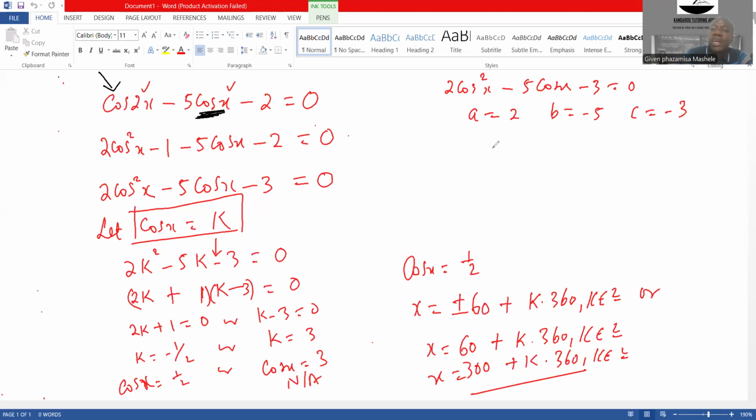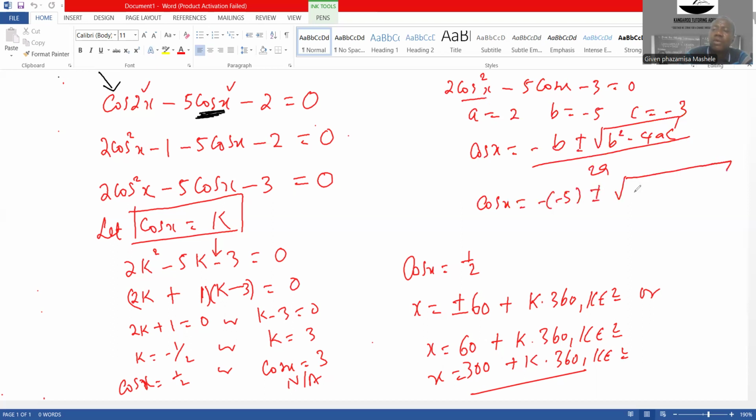So instead of writing x equals minus b plus or minus the root of b squared minus 4ac, divided by 2a, we're not solving for x here, we have cos x, so you must put cos x and do the substitution. This will be minus into minus 5 plus or minus the root of minus 5 squared minus 4 into 2 into minus 3, everything divided by 2 times 2.